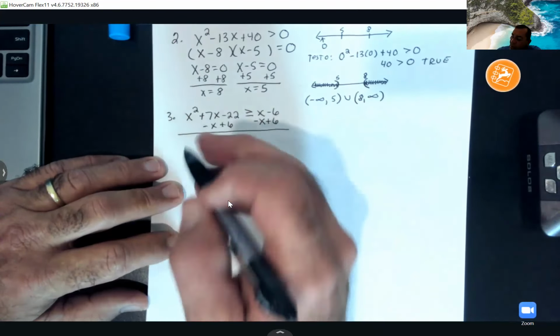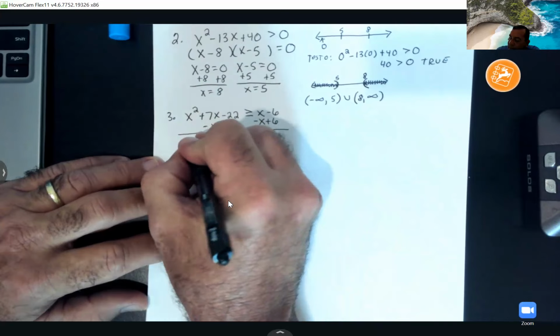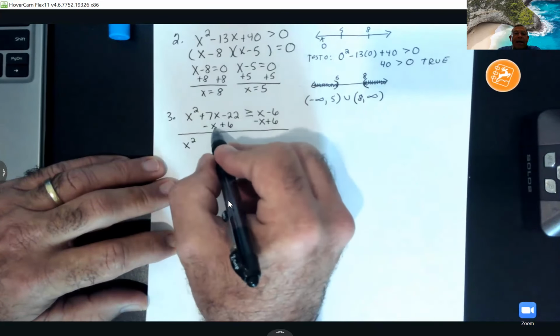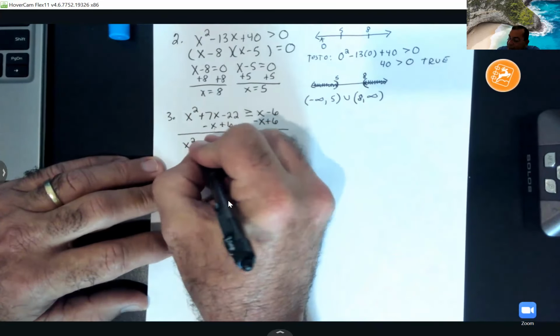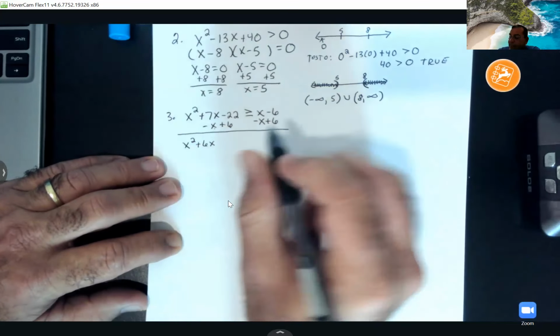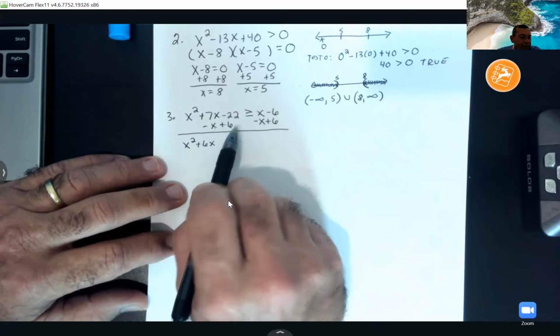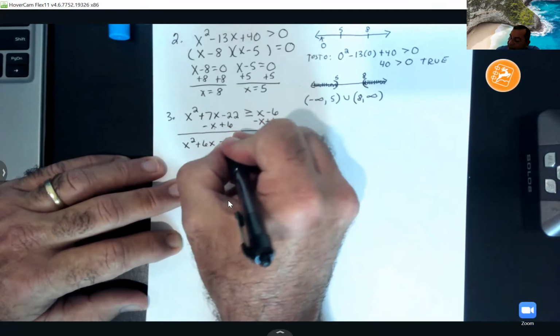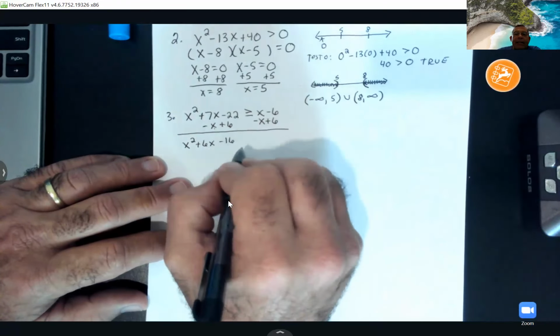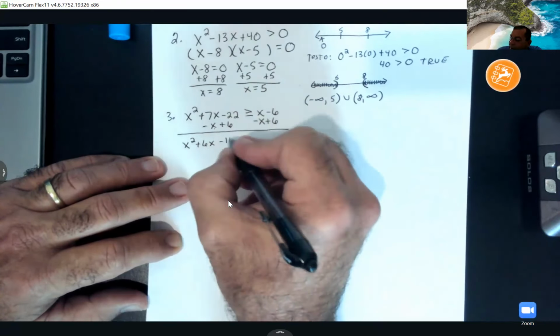So bring down the x squared. 7 minus x leaves us 6x. Negative 22 plus 6 gives us a negative 16. And at this point, I'm just going to set them equal to 0 so we can solve it.